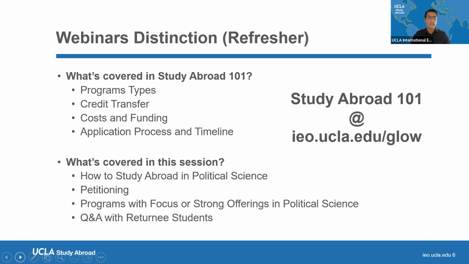Make sure you go back to the UCLA IEO website and take a look at it. This webinar is specifically about political science, about petitioning to get classes counted for your majors or minors. And again, we will have a session with the returning students. We will ask them some questions.